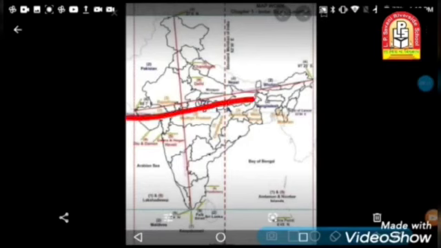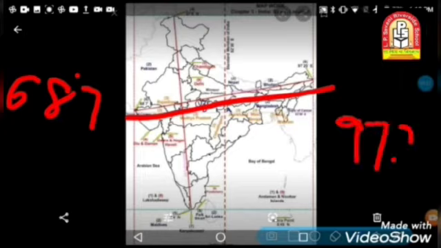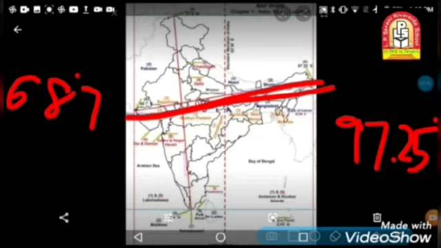So our India starts from 68 degrees 7 minutes, and it completes at 97.25 minutes east, right? So the extent of our India is this much. We'll calculate now how many longitudes will come between this.